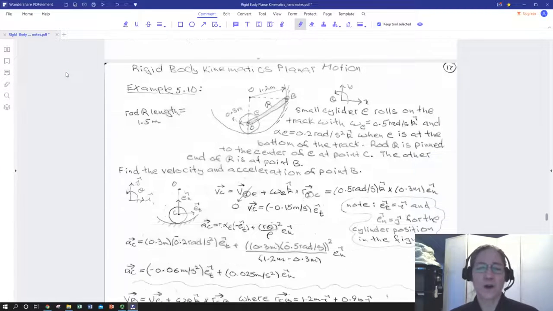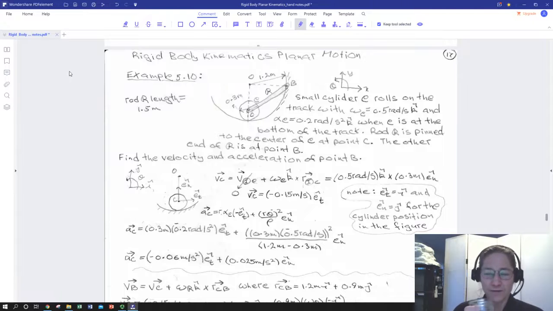Okay. We'll do another example, and I think this one will involve some acceleration. So we have a curved bearing surface with a radius of 1.2 meters, and we have a rolling wheel rolling around on the inside, and it has a radius of 0.3 meters.